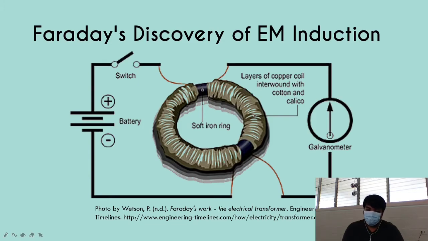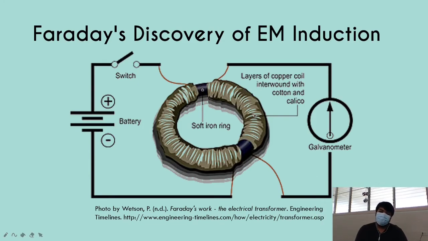The galvanometer, or in our term the voltmeter, records how much voltage is received by this coil of wire. At first, his purpose was that when he switches on this circuit, there will be a current flowing through the left side coil of wire.